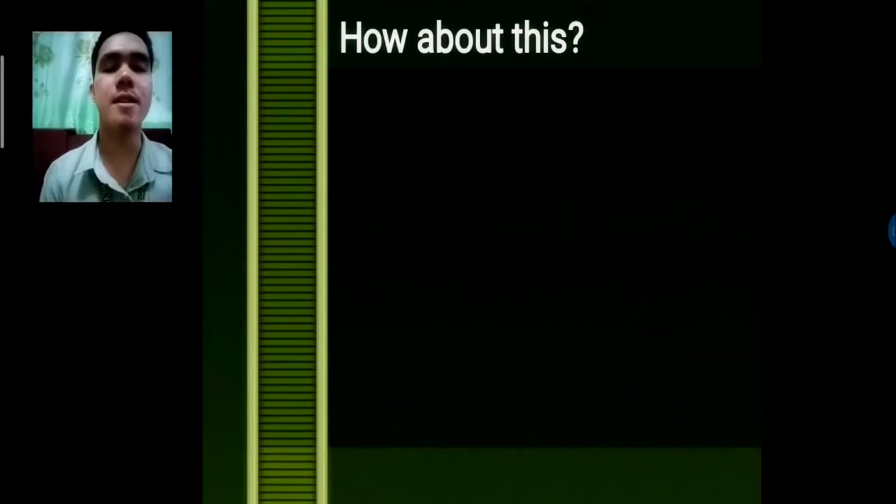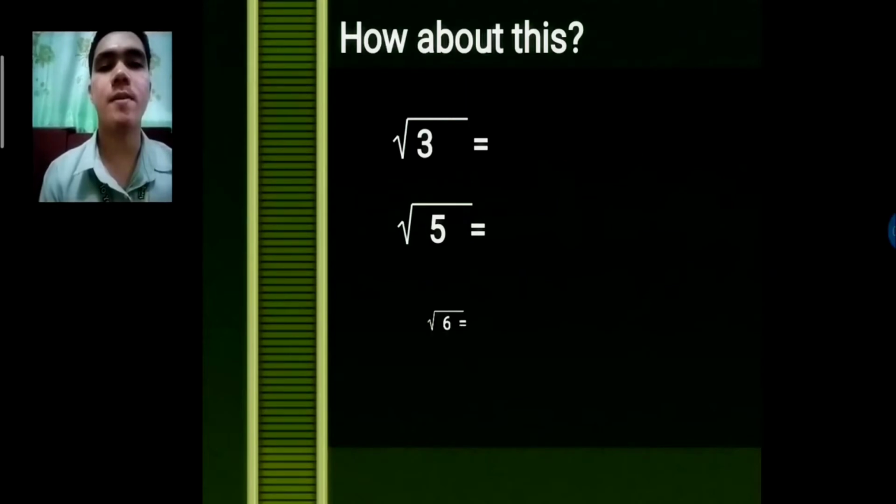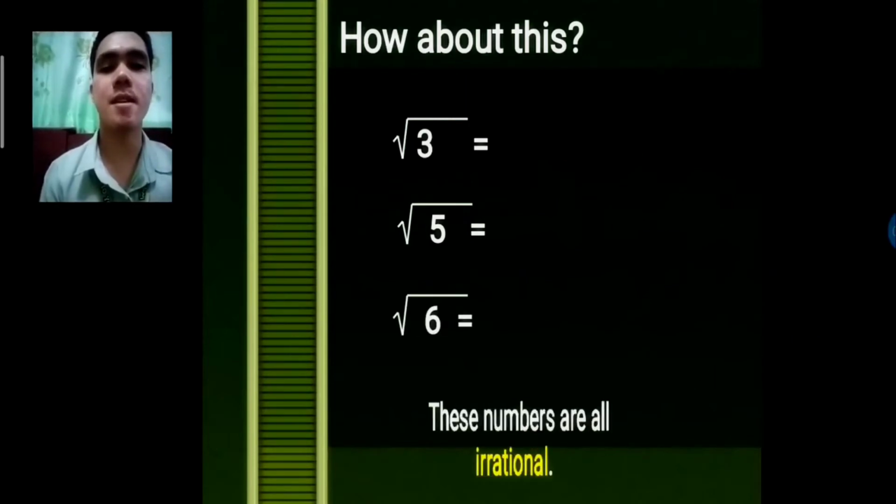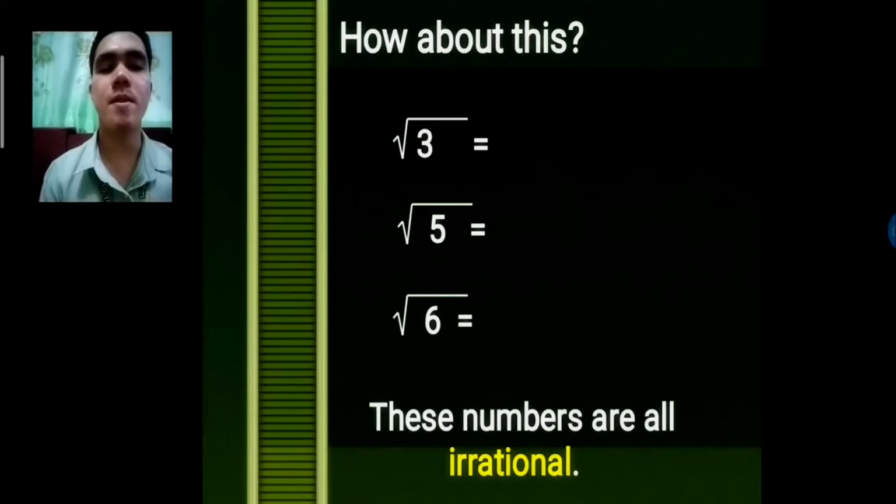Okay, how about this? Square root of 3, square root of 5, square root of 6. These numbers are all irrational, okay, because the radicands are not perfect square numbers.